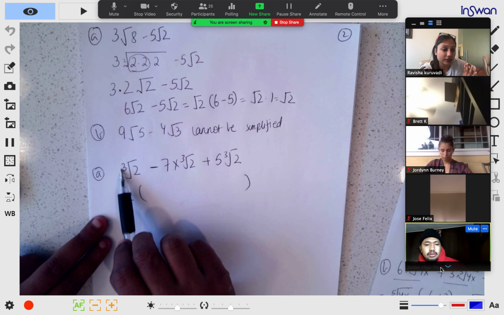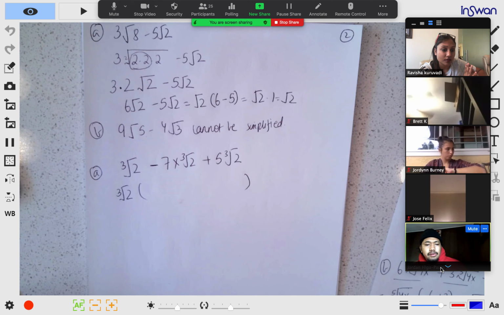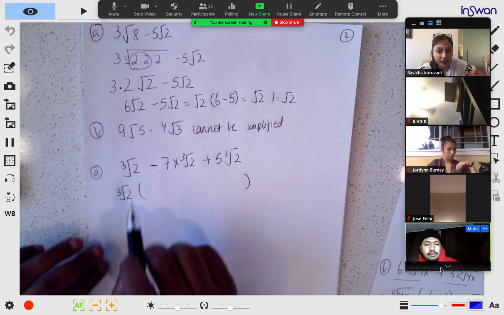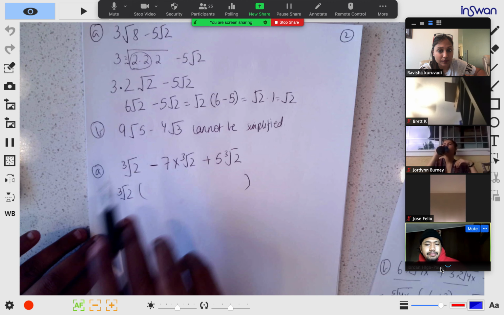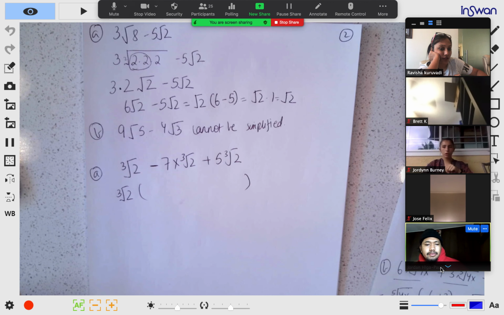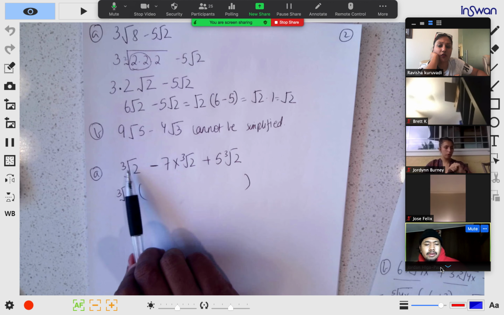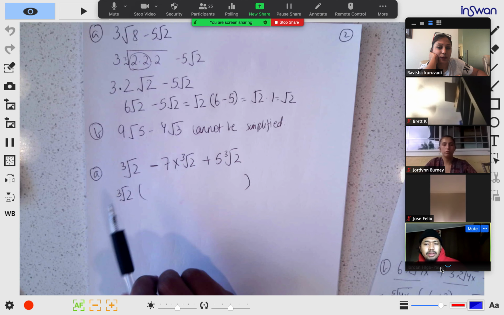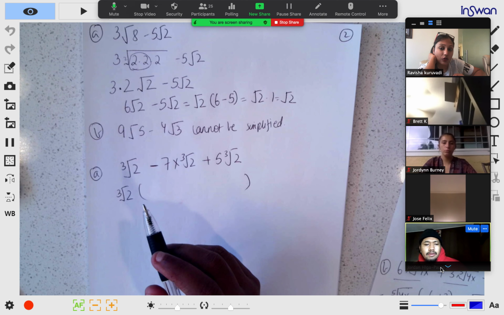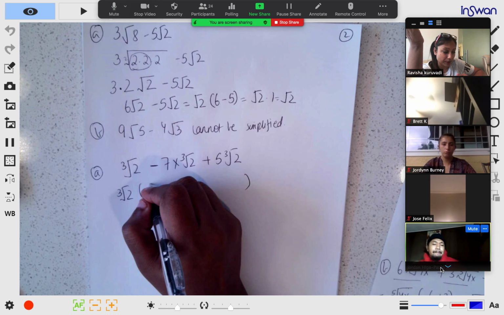What are you left with? Basically, you're dividing. If you divide this thing by itself, what do you get? 1. Yes. So when you take out, if you're left with nothing, you're left with 1.